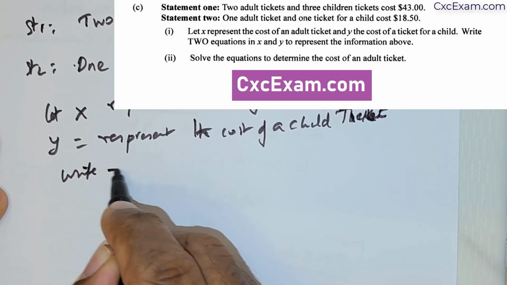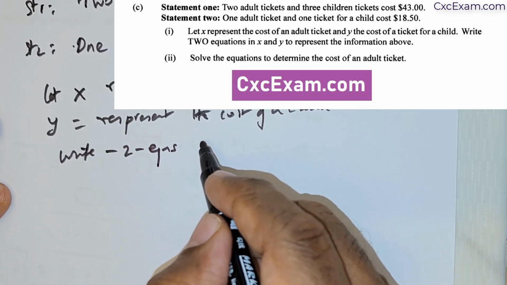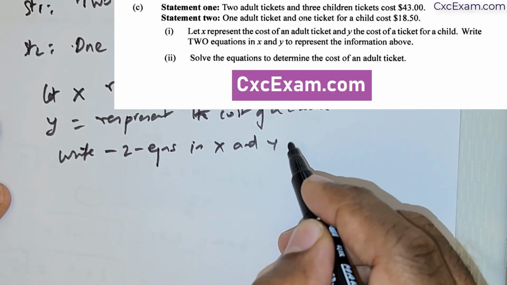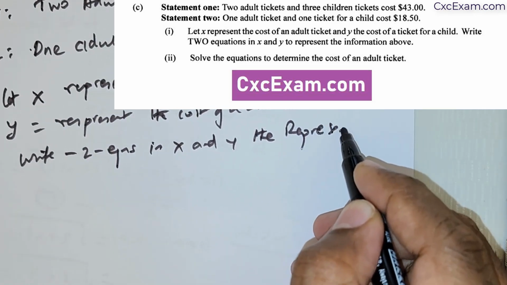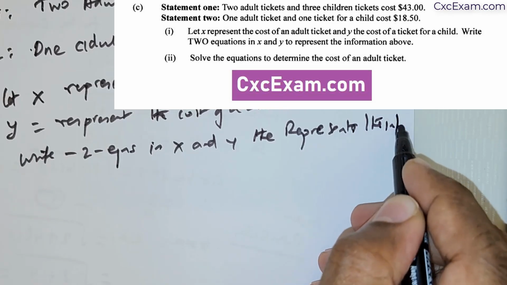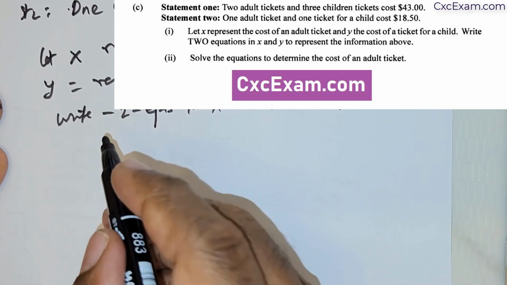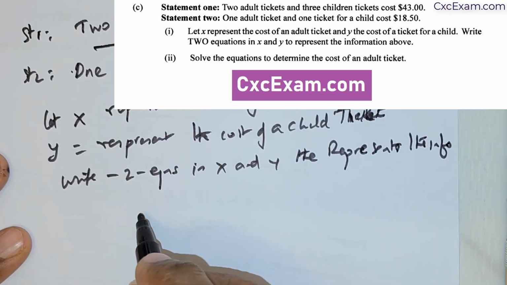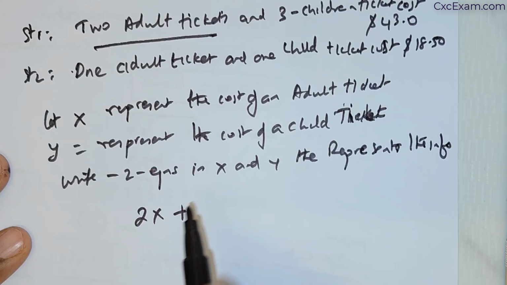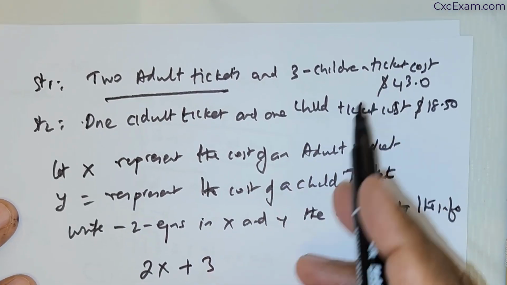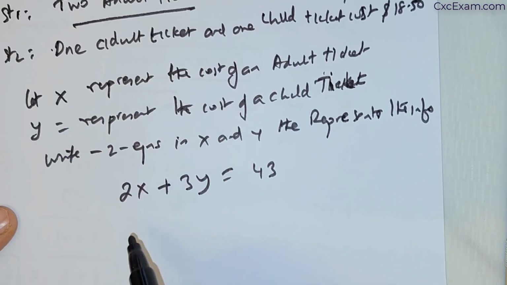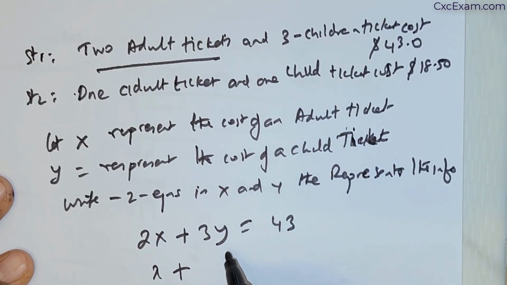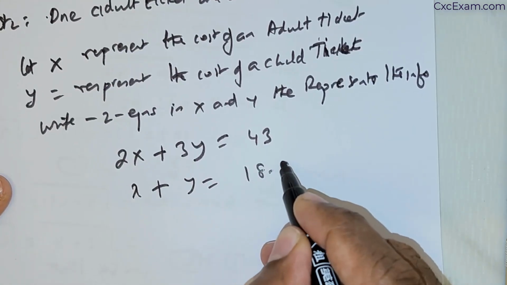We are asked to write two equations in x and y that represent the information. Okay, so go to the statement, 2 adult tickets, 2 times x, because x represents the cost of 1 adult ticket, and 3 times y is equal to 43. And then the second statement, x positive y is equal to 18.50.